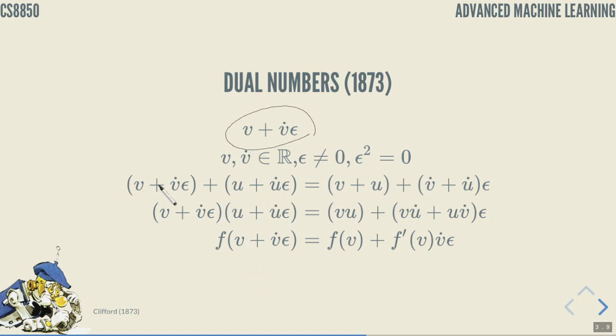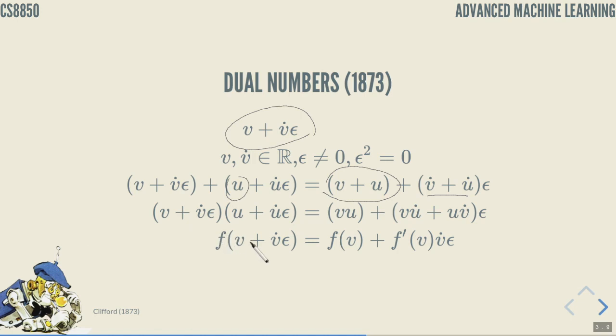So take two dual numbers and add them together. You cannot mix the differentials with non-differentials, so you separate them. You add the real part and the differential part, and look, this is the derivative of the sum.